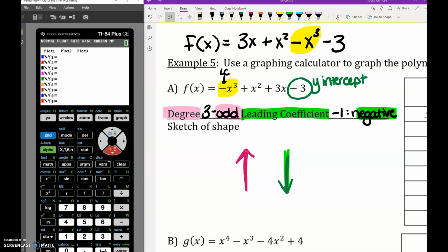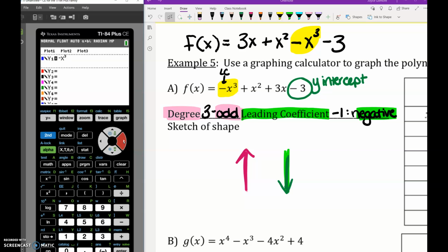All right, let's type this in. Negative x to the third. You have to use the negative button. You cannot use the minus button. Negative x raised to the third. When you raise things to the third in these calculators, if you have the calculator that actually puts it up in the exponent, you then have to push the right arrow to get down out of the exponent before you continue.